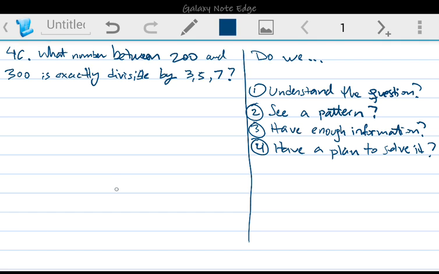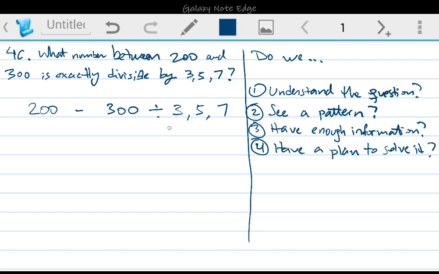Now, we need to, first of all, recognize that when it says that it's divisible, it means that we can take this number that is between 200 and 300, whatever that number is, and we need to be able to divide it by 3 or by 5 or by 7.